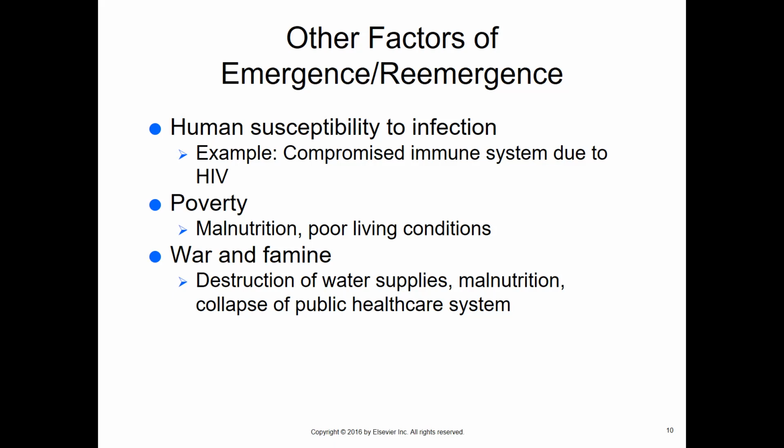Poverty, malnutrition, and poor living conditions can increase susceptibility. War and famine: casualties in modern wars are not just soldiers but civilians, as a result of destruction of water supplies, malnutrition, and collapse of the public healthcare system. All these contribute to the emergence and reemergence of infectious disease.